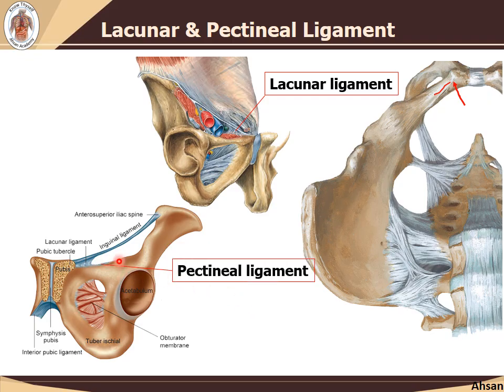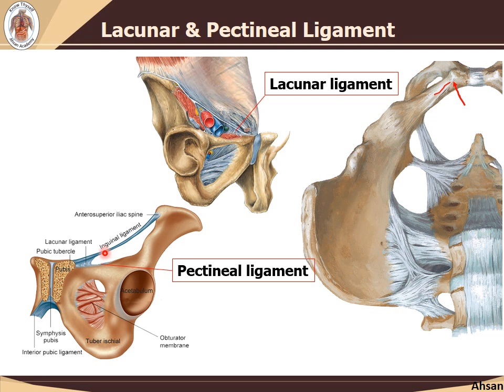This extra band that continues over the line is the pectineal ligament. Actually, the lacunar ligament continues as a thick band over this pectinate line, and this is known as the pectineal ligament. So the inguinal ligament is attached laterally to the anterior superior iliac spine. This is a very thick lower margin of the lower part of the external oblique aponeurosis.